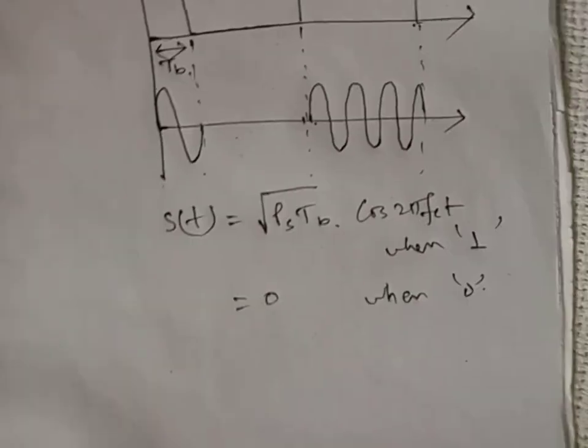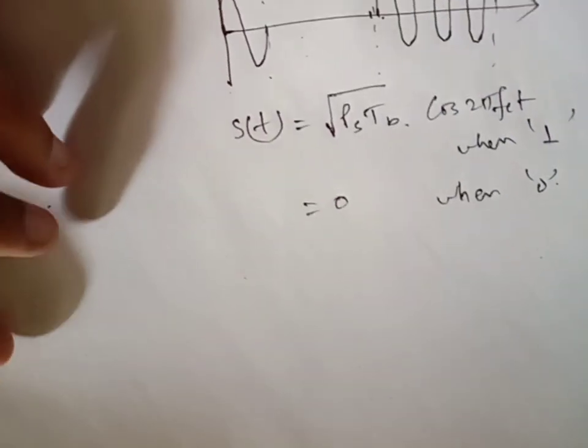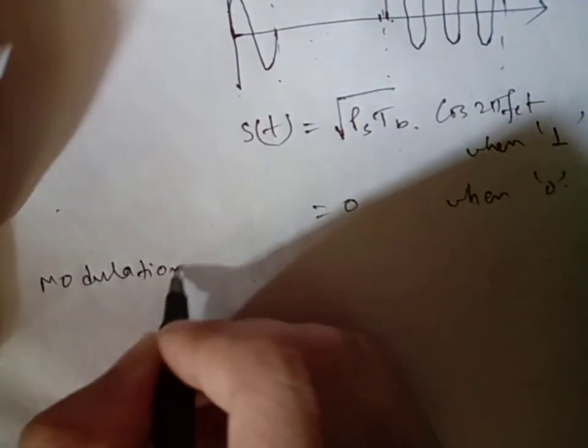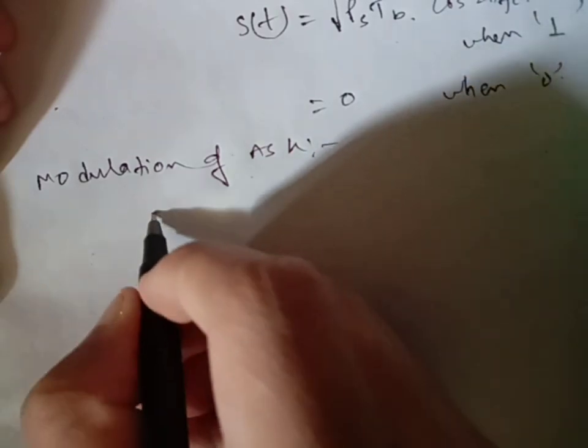Okay, so now come to the modulation part. This is very simple modulation of ASK. How to modulate? We need a product modulator.